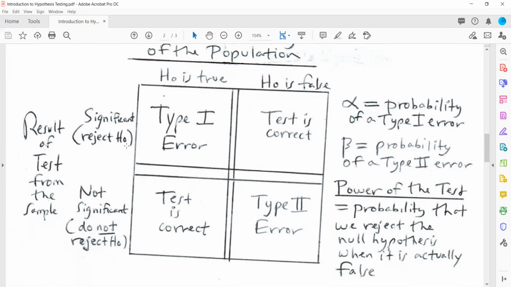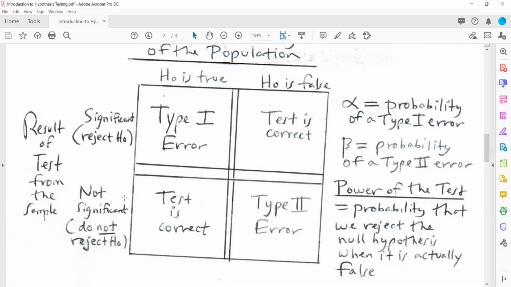If the null hypothesis is that the person is innocent and the alternative hypothesis is that they are guilty, then if we reject the null hypothesis, the jury is basically saying, hey, we think there's enough evidence to go beyond a reasonable doubt, and we're going to convict the person. Now, if the person didn't commit the crime, that's a mistake. They're going to end up going to prison for something they didn't do. That's called a type 1 error.